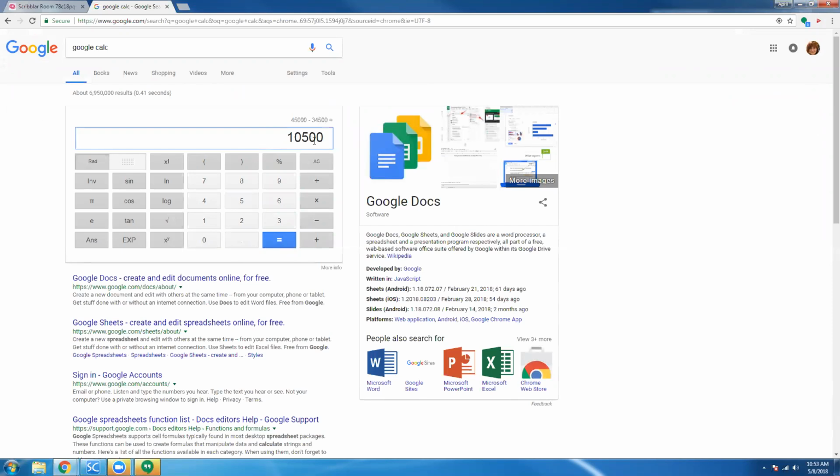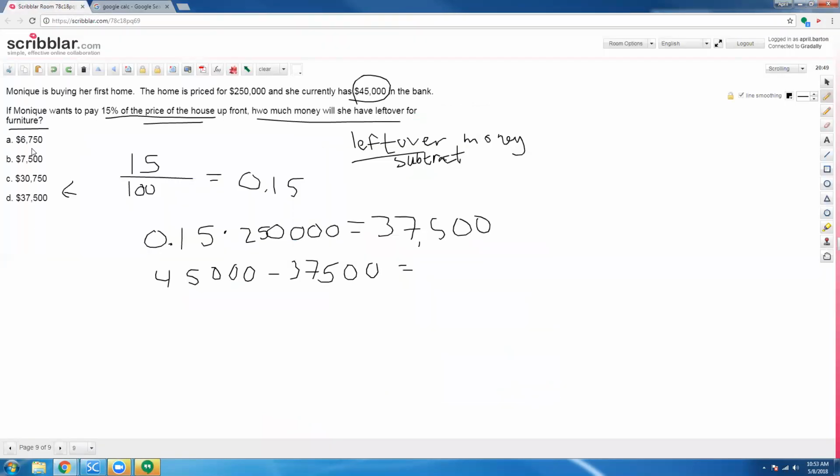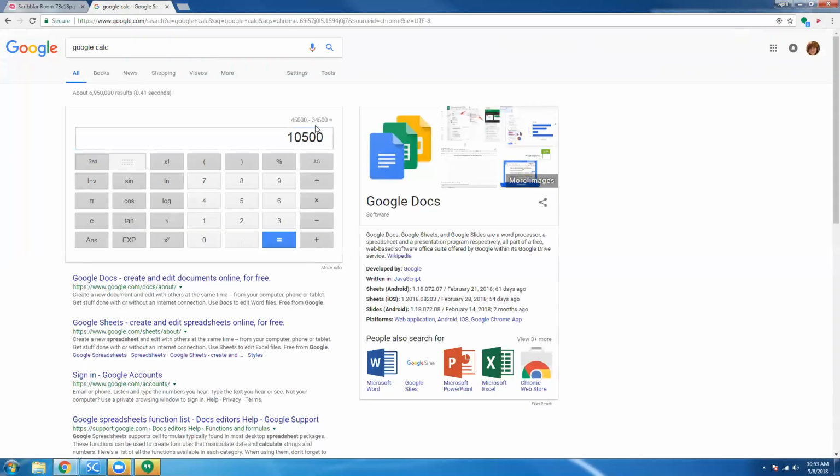What did I type in wrong on my calculator? I don't know if you can see the little numbers up here. I made one little mistake, and it's super easy to do all the time to just hit the wrong number. And you'll notice 10,500 is not on there, so we double check. I should have typed 37,500 instead of 34,500.